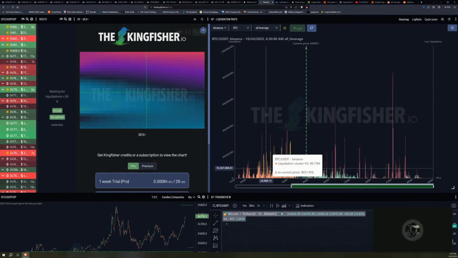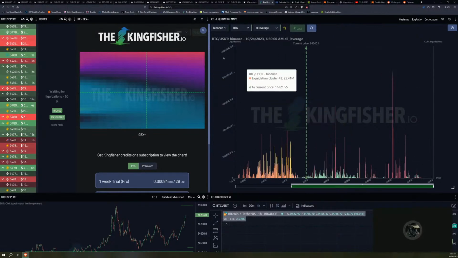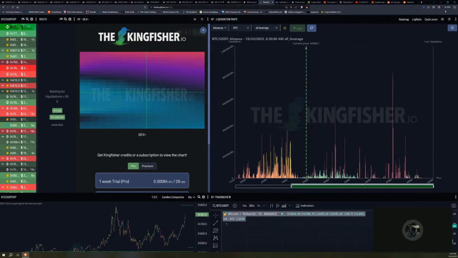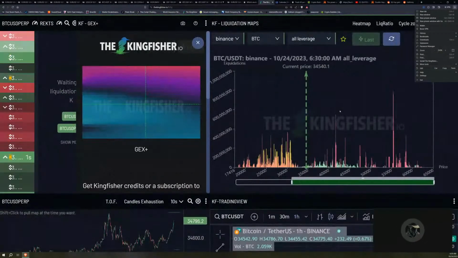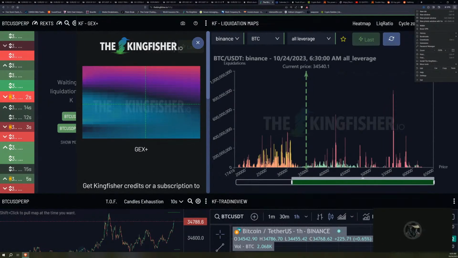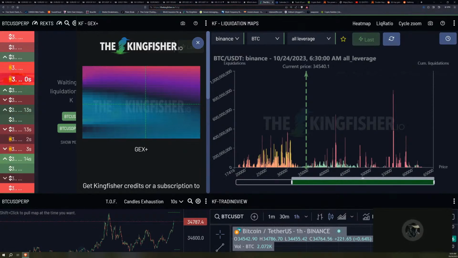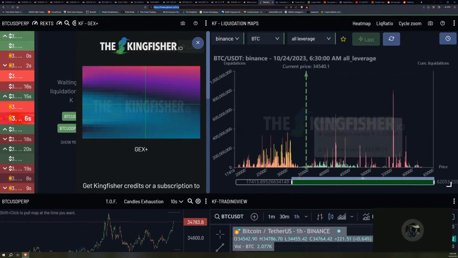So now what happens is, as these liquidations build, on this kingfisher.io chart, eventually they'll be taken advantage of. Somebody is going to go down there and push price down to this area to make all this money right here. It's not necessarily going to happen, but it's something that typically does happen in November before the halving year, which is next year.